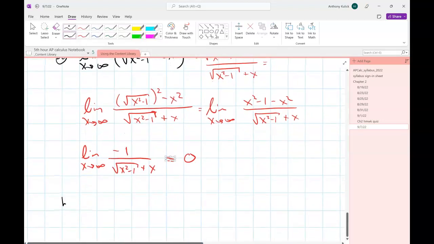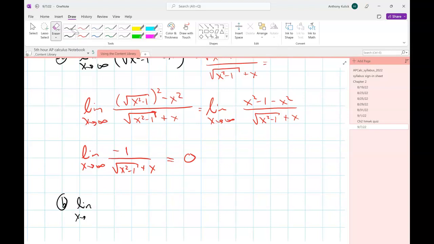Is this basically like horizontal asymptote and vertical asymptote? Yeah, and these are limits at infinity, where x is going to infinity or negative infinity. Right, so here we just found the horizontal asymptote. What about the vertical?